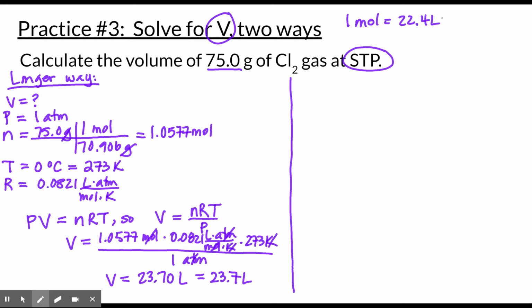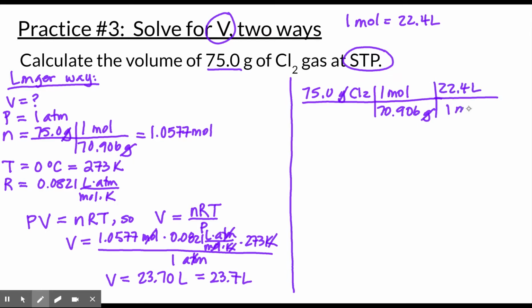That's going to be 70.906 grams as our molar mass, as we figured out before, and then multiply by 22.4. And so then when you solve, you will get the same answer. You get 23.7 liters.